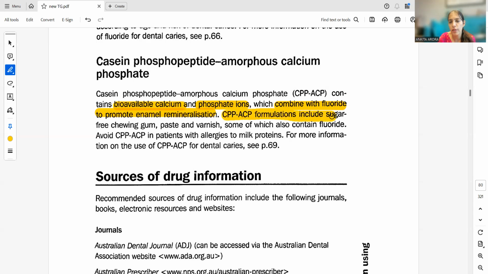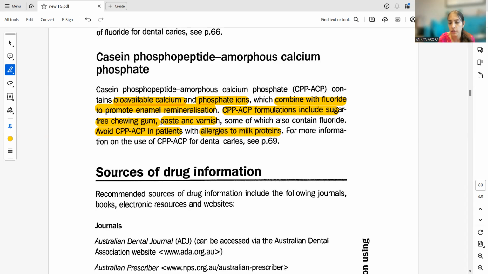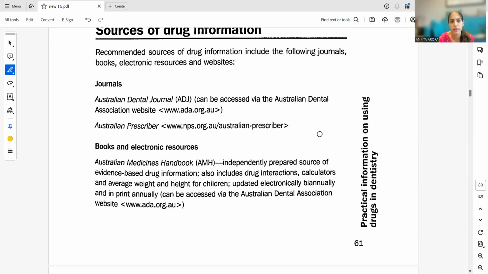CPP-ACP formulations include sugar-free chewing gum, paste, and varnish, some of which also contain fluoride. Avoid CPP-ACP in patients with allergies to milk proteins. For more information, we will follow it up in dental caries.